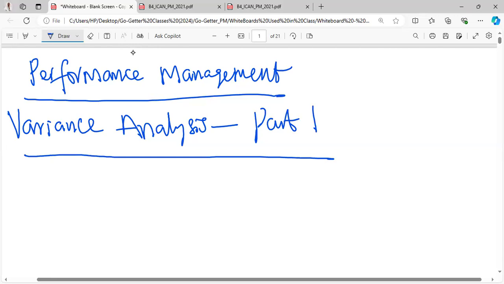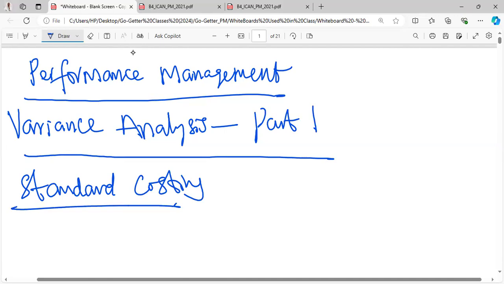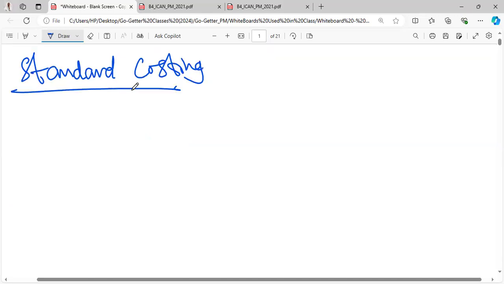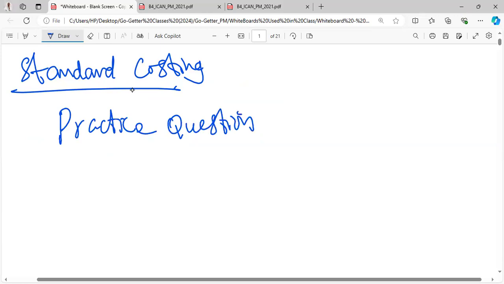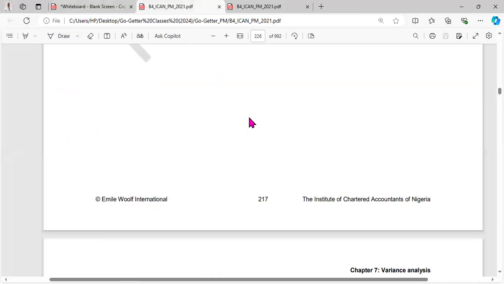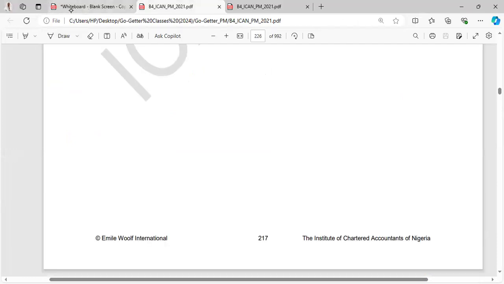So we are on standard costing. All right, so this is practice question 1, and that's on page 226 or 217, whichever.